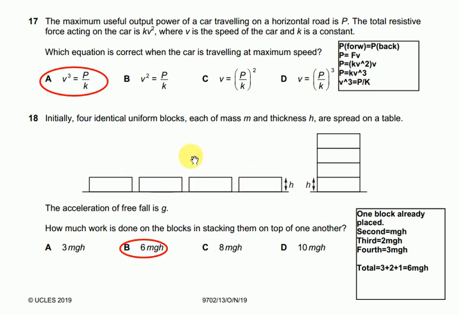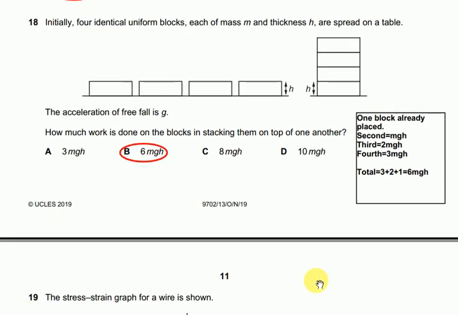Now placing the fourth will take 3mgh because the height is now 3h. So add them up: mgh, 2mgh, and 3mgh. So the total is 3 plus 2 plus 1, which is 6. So B is the answer.